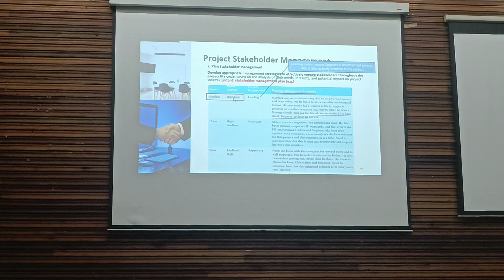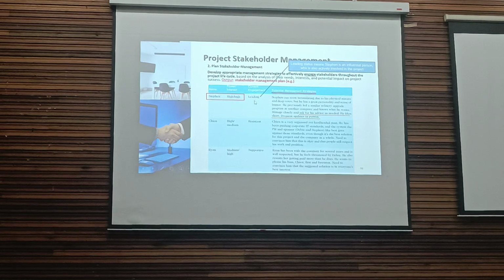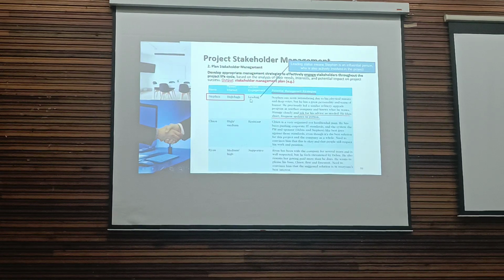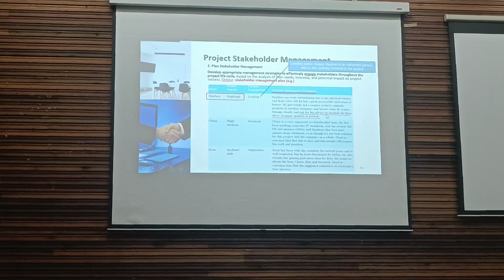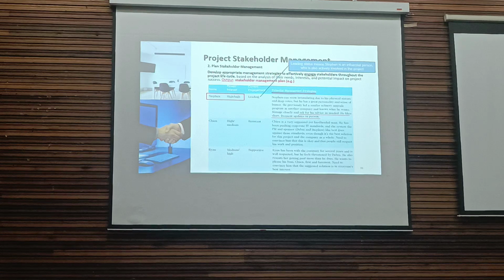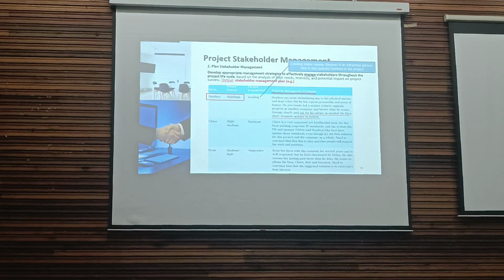So, power, interest, high. Also, highly involved in the project. That means this is a very important person. So you need to understand this person better. Try to understand what he likes, what he dislikes. Engage with him appropriately. Engage with him appropriately means to communicate with him in the way he likes.